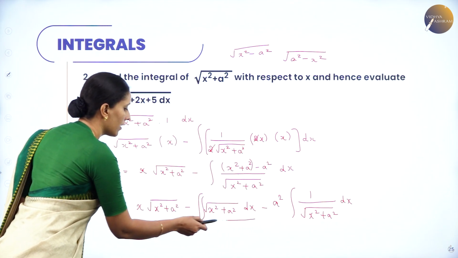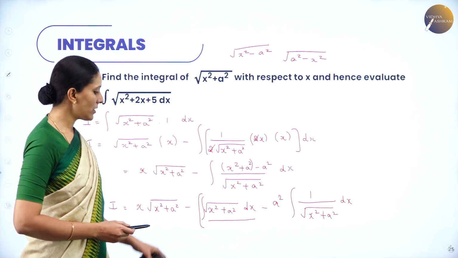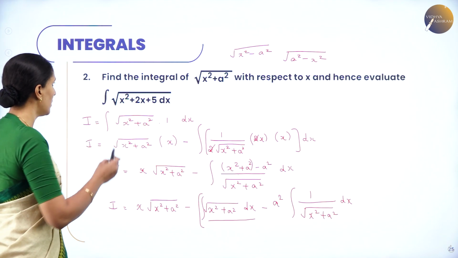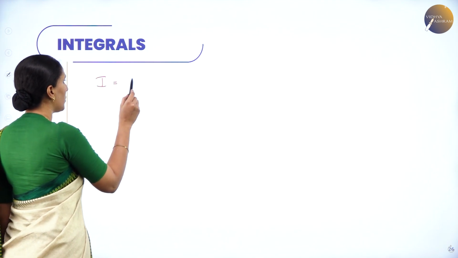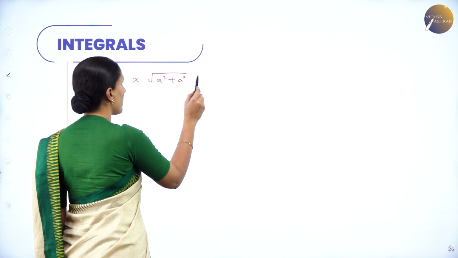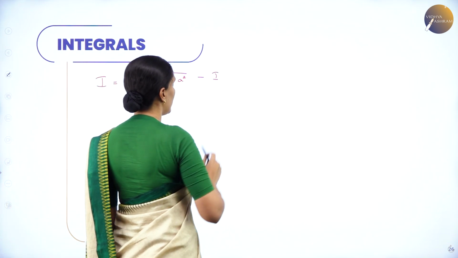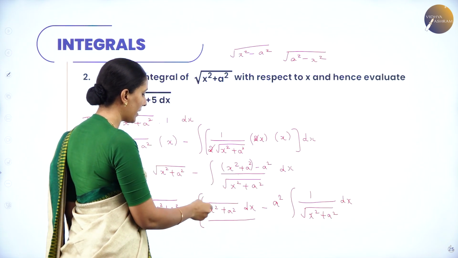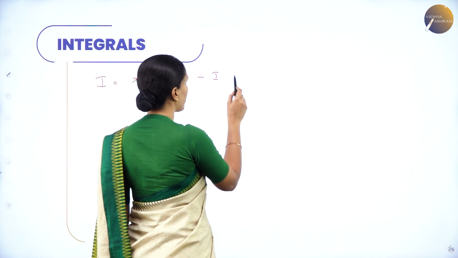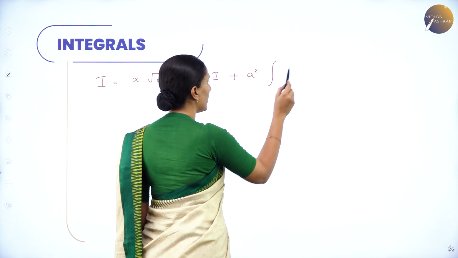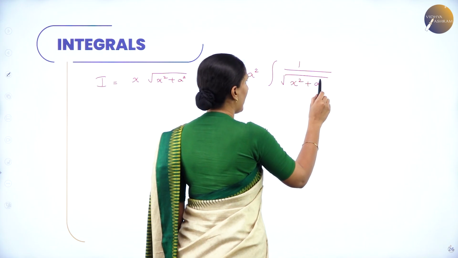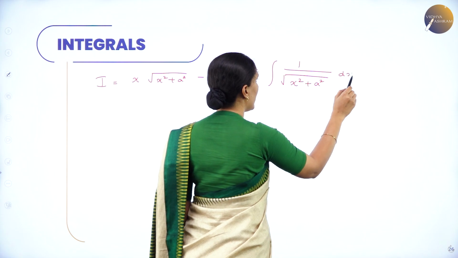Clearly this can be written as I, because I is the integral of square root of x square plus a square dx. So I is equal to x root of x square plus a square minus I, because when we multiply minus here it becomes minus, and minus into minus becomes plus a square, integration of 1 divided by root of x square plus a square with respect to dx.